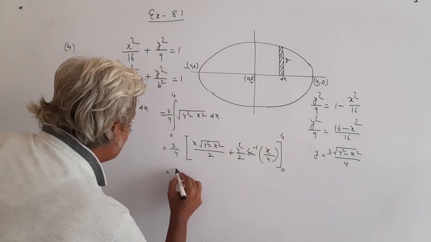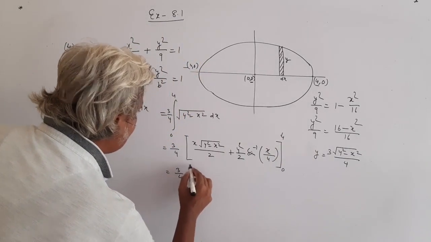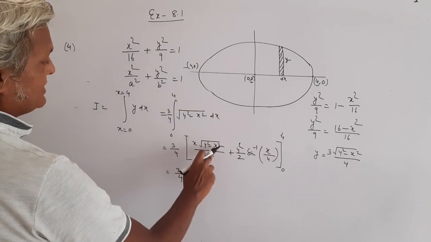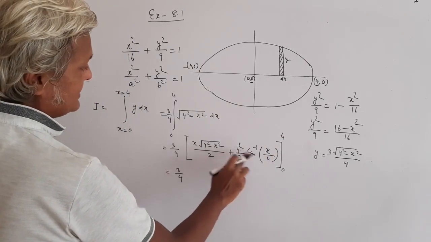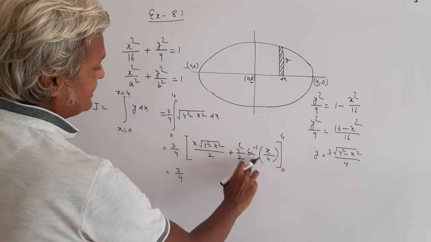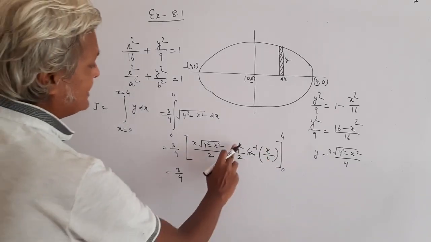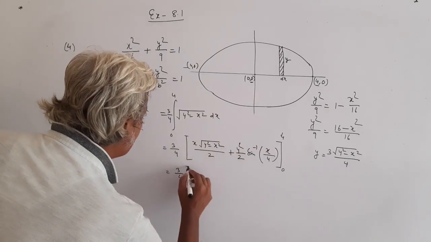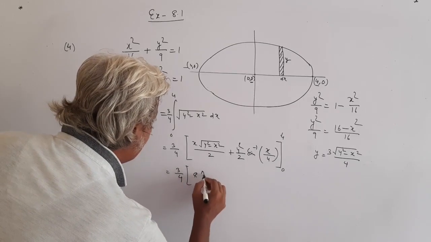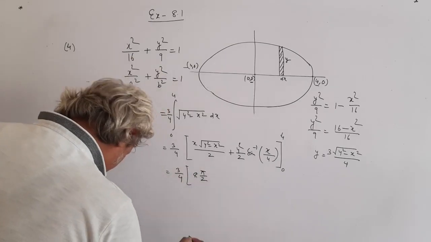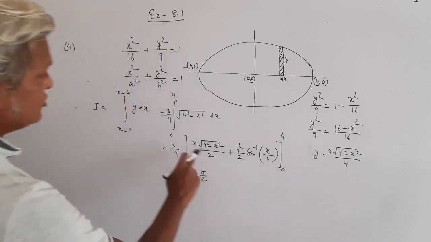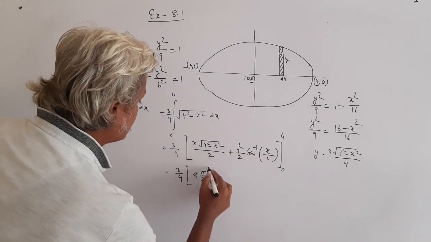So I put the value 3 by 4. When you put 4 here, 4 square minus 4 square is 0 and sine inverse 4 by 4 is sine inverse 1, that is pi by 2, and 16 by 2 is 8. So what you are getting is 8 pi by 2. Now when you put 0, this is 0 and sine inverse 0 is also 0.